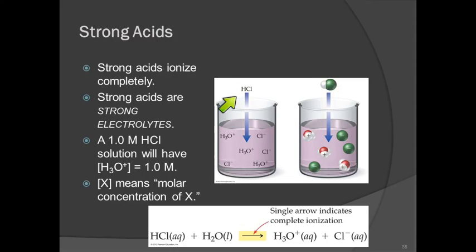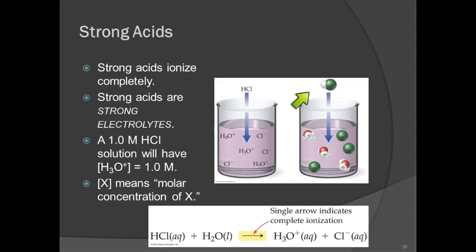When we put HCl into water, here we're representing it with the element symbols. It comes apart, it donates a hydrogen ion to the water, and then the chlorides are floating around. And so what we have in here is hydronium ions and chloride ions. We do not have any hydrogen chloride molecules in the solution.